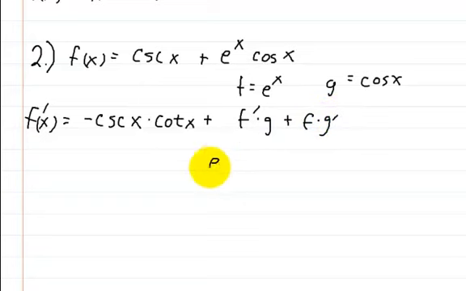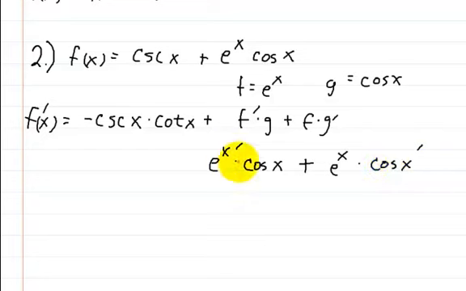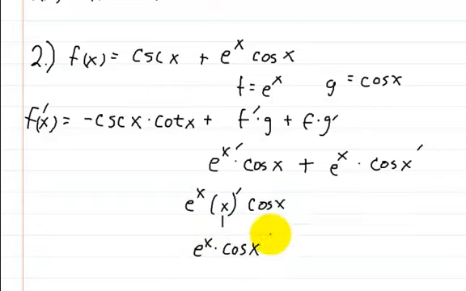So I'm going to plug that in: eˣ times cos(x), the derivative of the eˣ, plus eˣ times the derivative of cos(x). The derivative of eˣ is just eˣ, and because of the chain rule you take the derivative of the x, but that's just going to be 1. So for that part you just get eˣ cos(x).